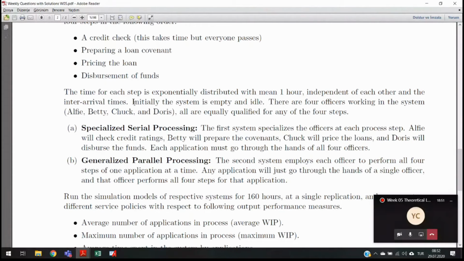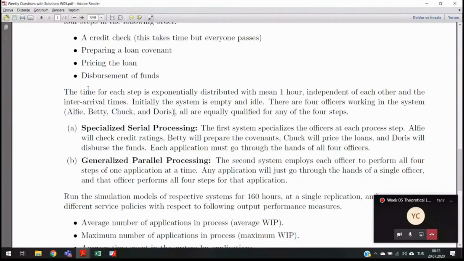Why parallel? Because these 4 officers are working in parallel. So you can choose any parallel server, any one of them. And we say generalized. Why do we say generalized? Because these officers are generalized in all of the processes here. So they can be capable of performing all of the processes here. Again, the durations of these processes are going to be exponentially distributed with mean 1 hour.